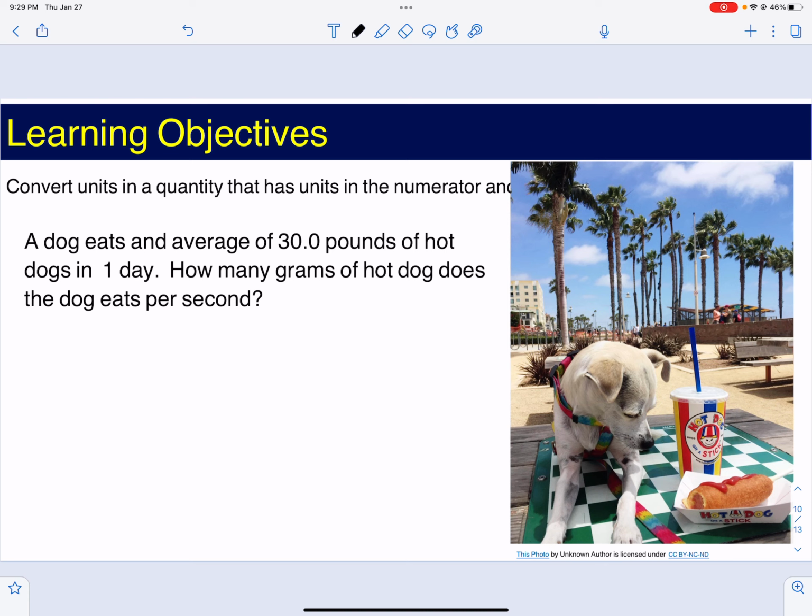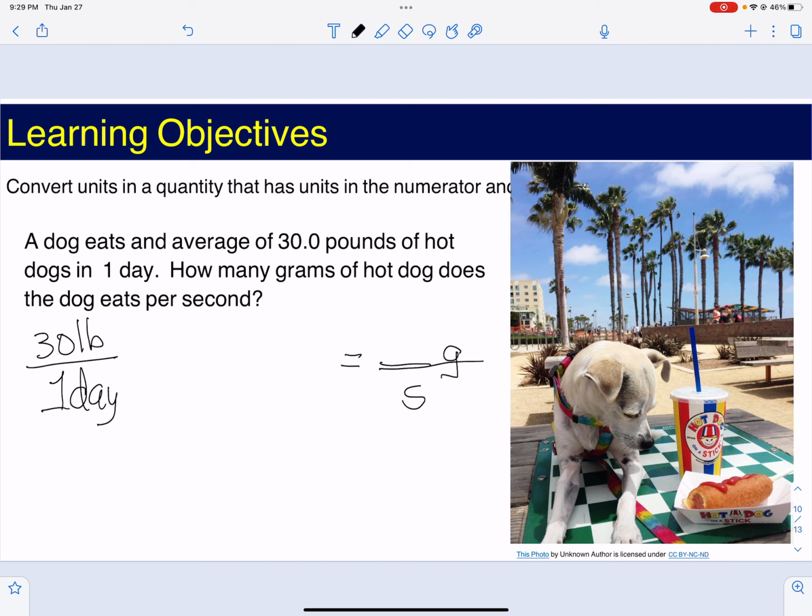So a dog eats an average of 30 pounds of hot dogs in one day. So we got 30 pounds of hot dogs in one day. And we want to find how many grams of hot dog it eats per second.